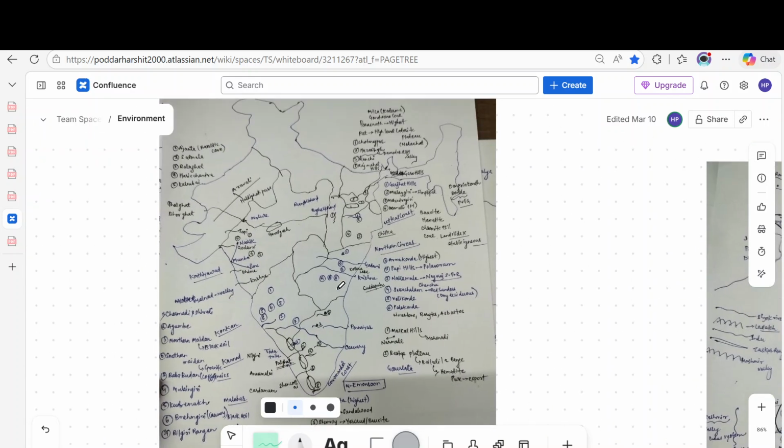When it comes to understanding the Indian mountain system, this is a very huge list. We're starting with the Aravalli range. The Aravalli extends from Gujarat, Rajasthan, and Haryana up to Delhi.